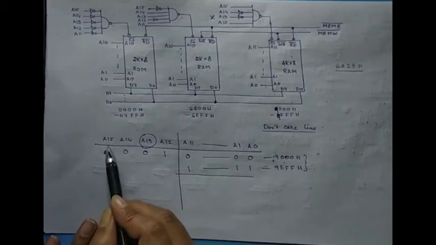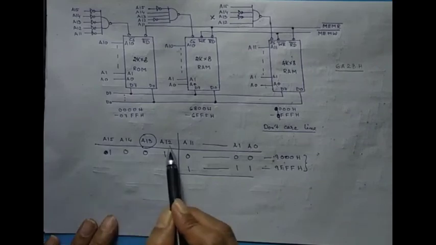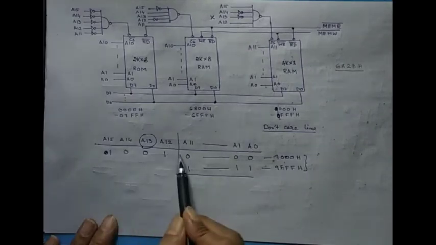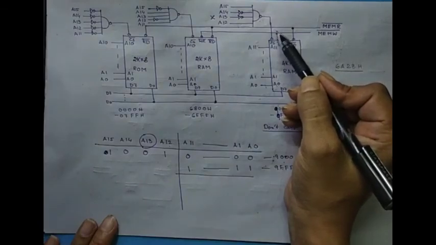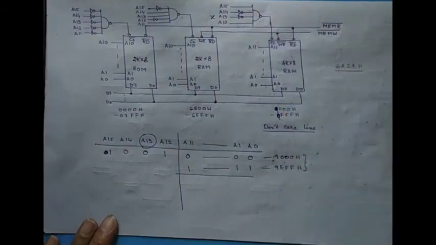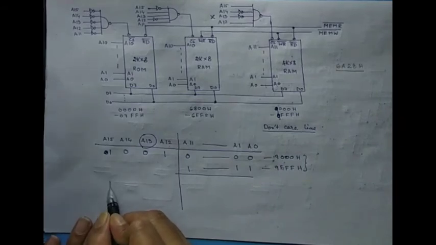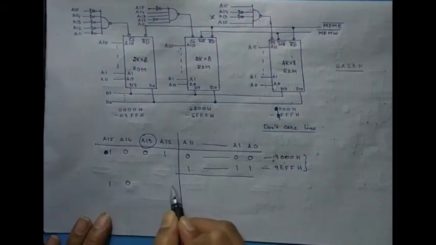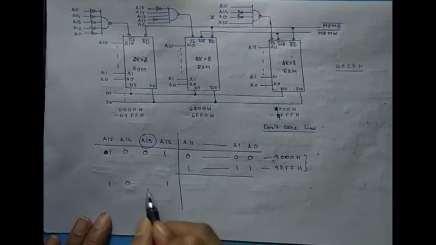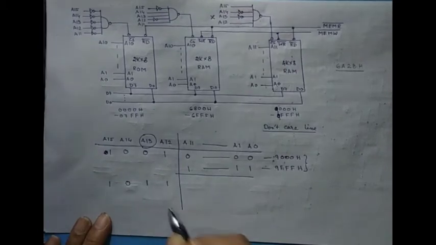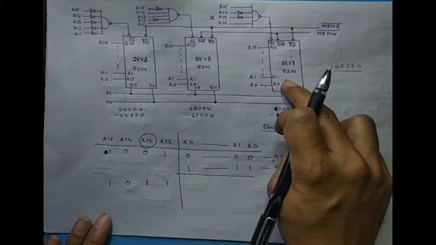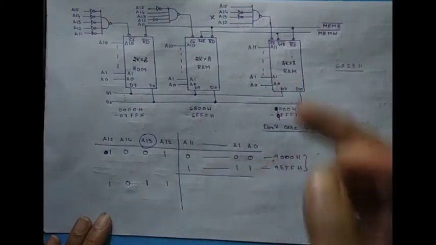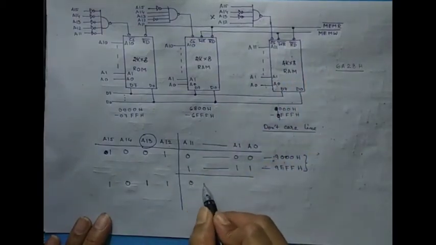Then also, if A15, A14 and A12 are at these logic levels, the chip select signal will be supplied to this RAM device. So after that, if A13 is at logic 1, then also this RAM device will get its chip select signal. And in that case, what will be the address range?